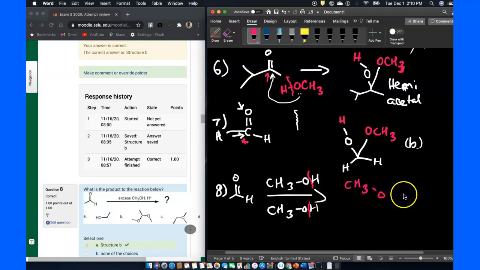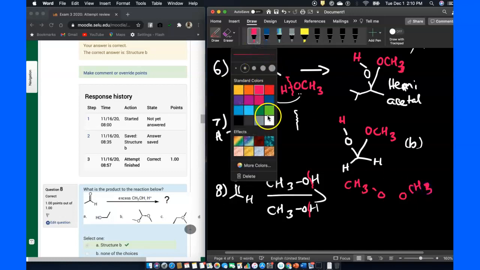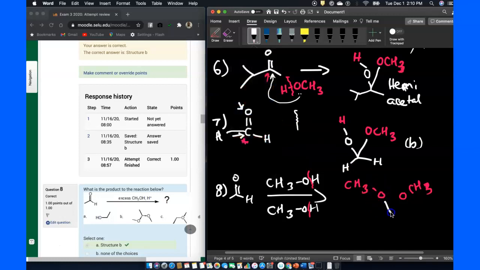Again, we did all these mechanisms in class. I'm not gonna do those mechanisms right now. You can review the recorded mixed videos. So the shortcut, OCH3s will replace the carbonyl. So this is called an acetal. So instead of having a hemiacetal, the OH is replaced by another OCH3.